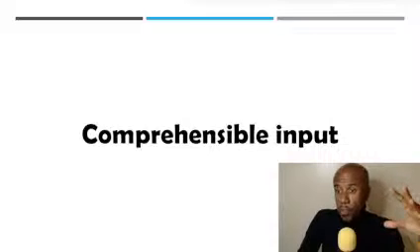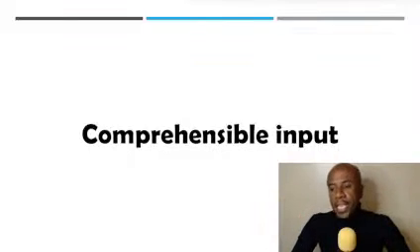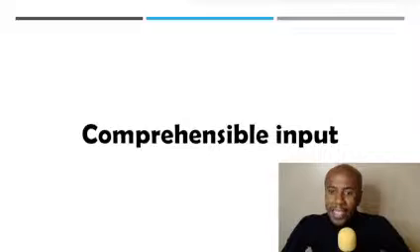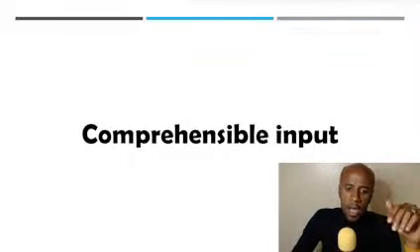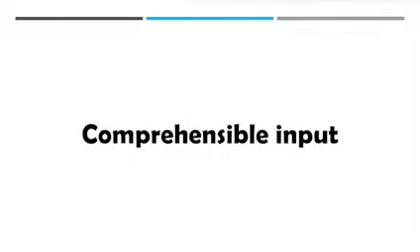So for it to be comprehensible, it has to be understood at 80%, up to the level of that particular student who is reading or listening. It is very important, of course, to give your learners comprehensible input, that is language which is up to their level, language that they can understand.